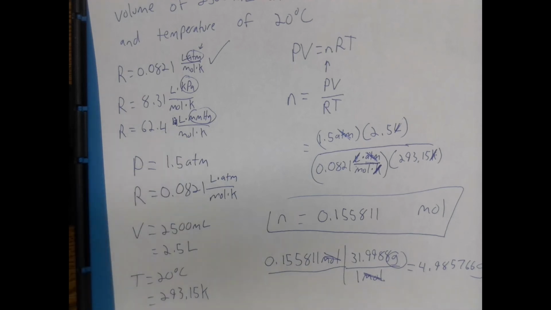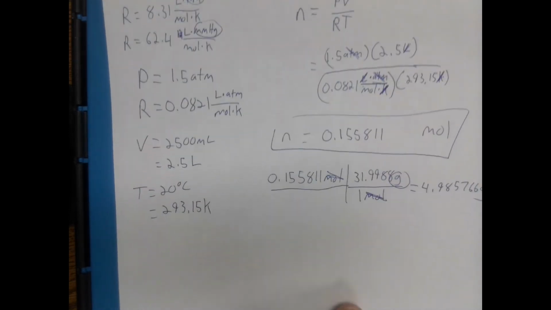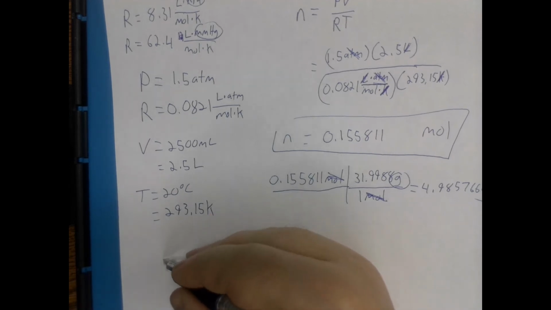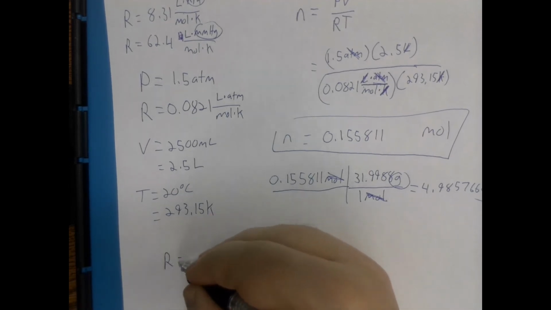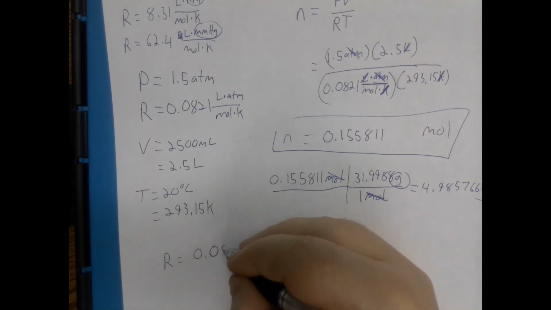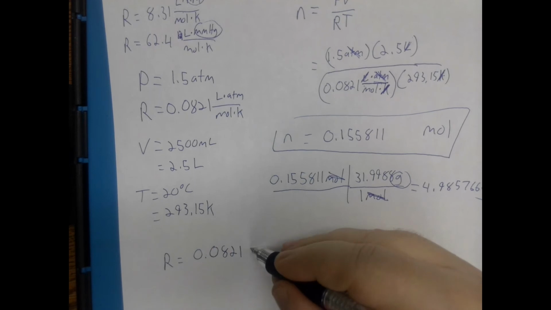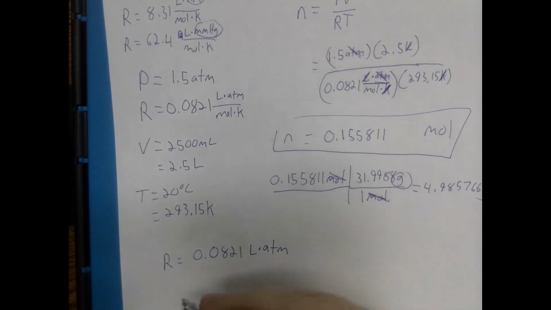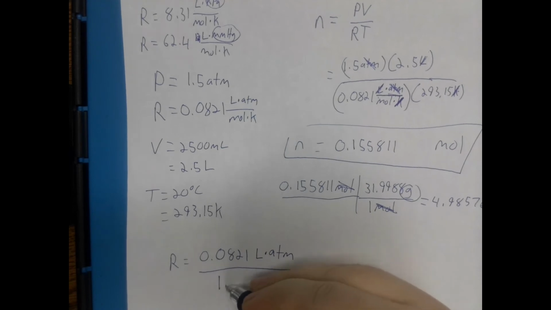Or you can do conversion factors between them. So, for example, let's look at this. R equals 0.0821 liter times atmosphere per 1 mole.